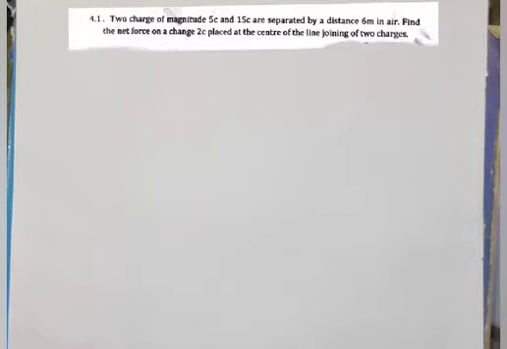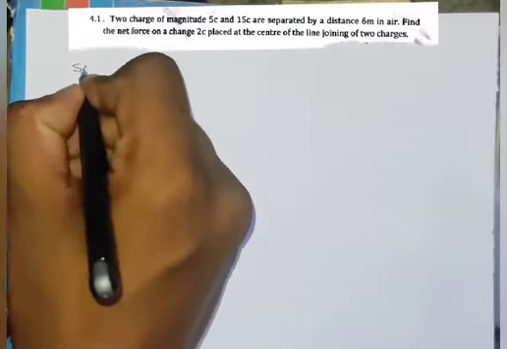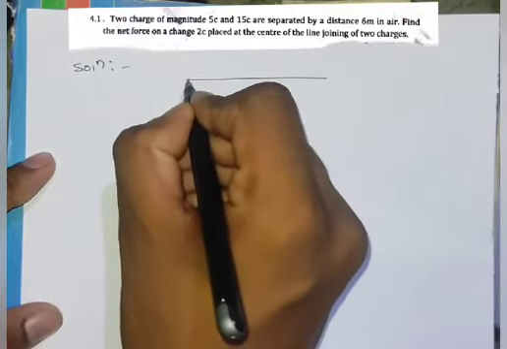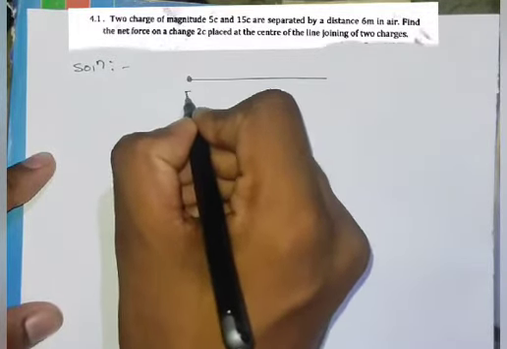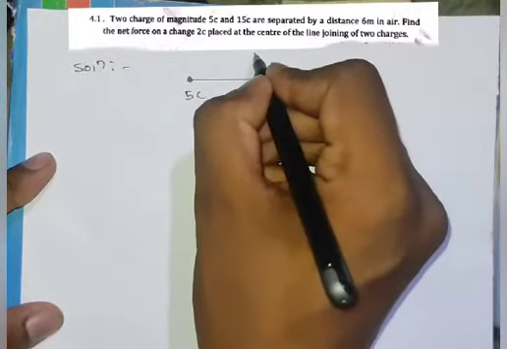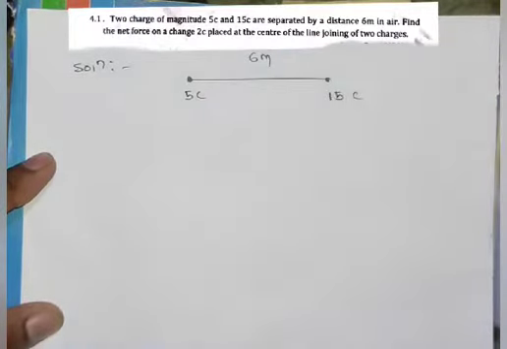Now I will come to the question part. The first question was: two charges of magnitude 5 coulomb and 15 coulomb are separated by a distance of 6 meter in air. Find the net force on a charge of 2 coulomb placed at the center of the line joining the two charges. So, solution. In the question there are two charges, one is 5 coulomb and another is 15 coulomb, separated by a distance of 6 meter in air.